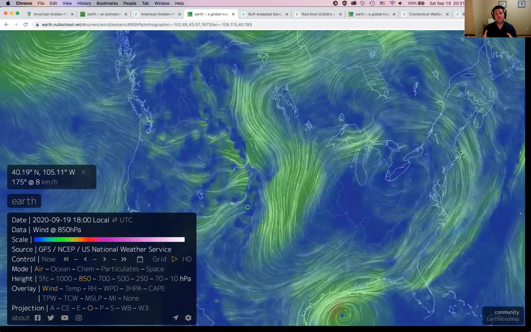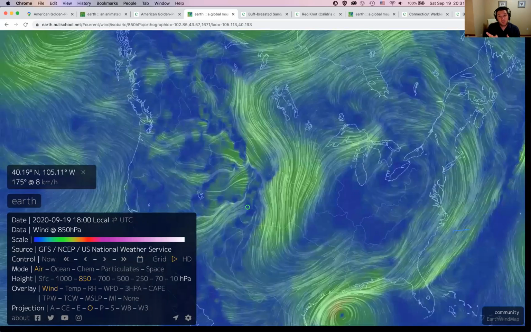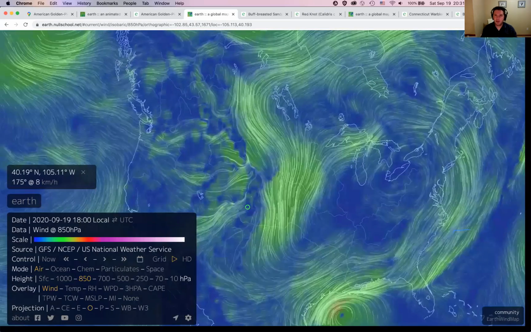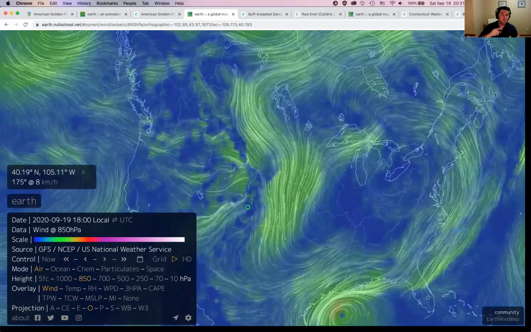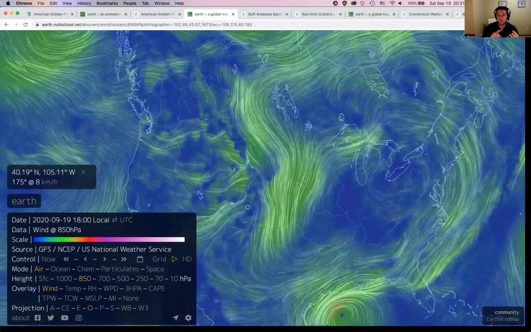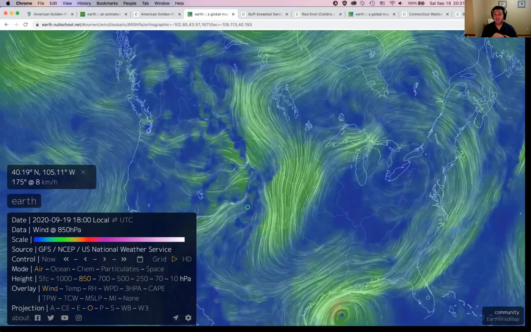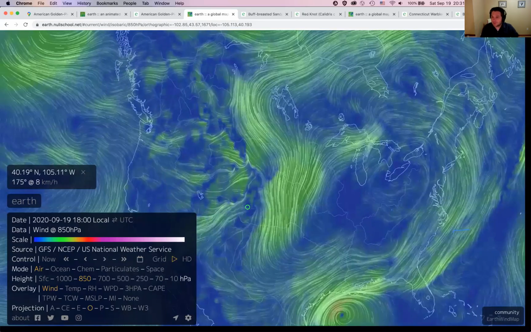So it may not be super accurate in that super zoomed in view. So be careful with that. That's my one warning. It comes from the GFS. It's a model. It is not real data. You can actually go and look at real data with radars, with surface observations, with weather balloons, and you can sometimes see that this data on this website is wrong. So it's a fair warning, be careful.